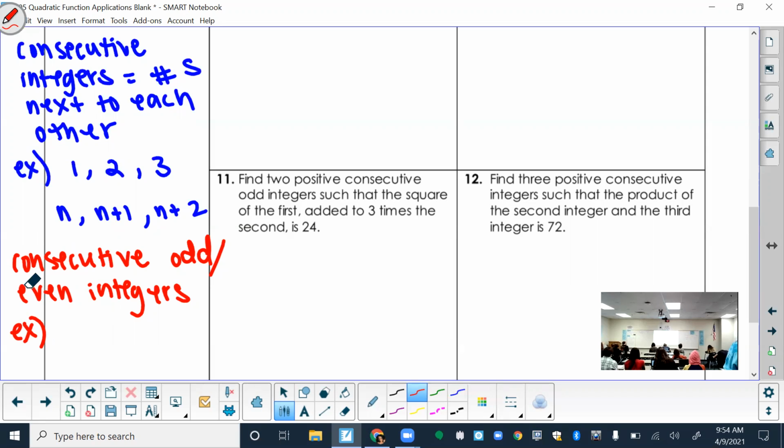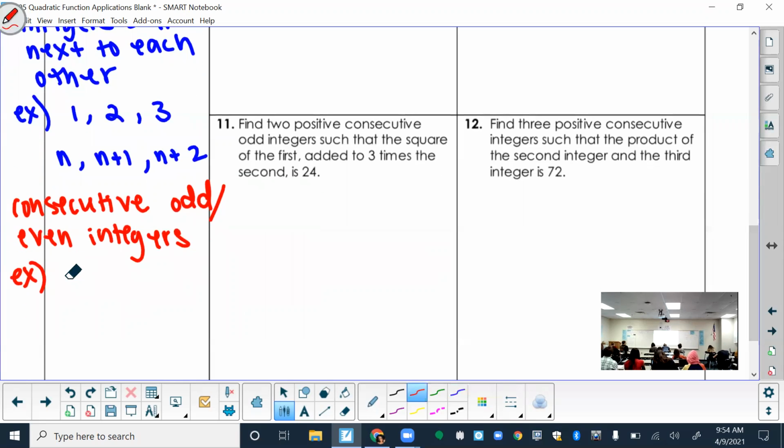So that's an example of consecutive even integers. Consecutive odd integers would be... good. So for your examples, you could put 2, 4, 6. Keep going, but I'll just leave it there.